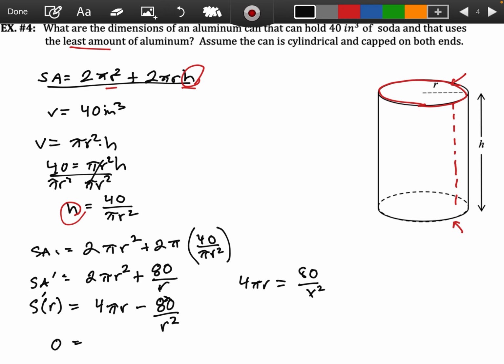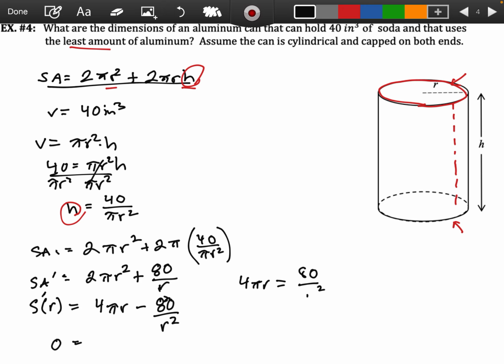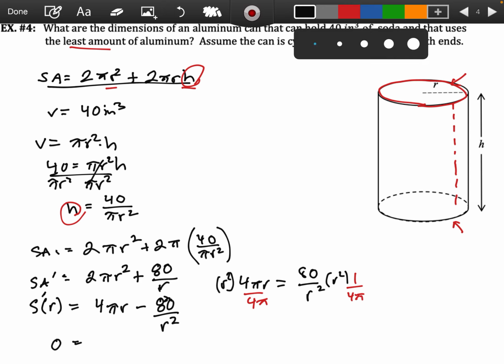And I'm going to solve for r, okay? Multiply r squared to both sides and divide by 4 pi. I'm just doing it at once because I'm running out of space.